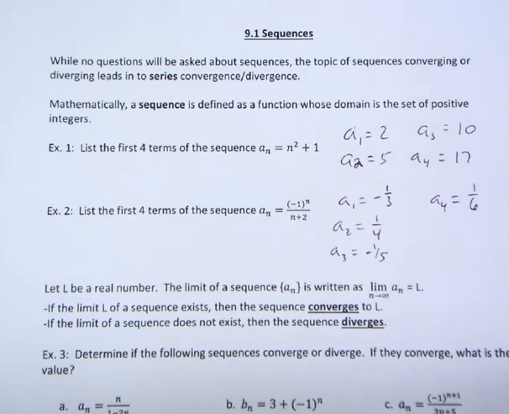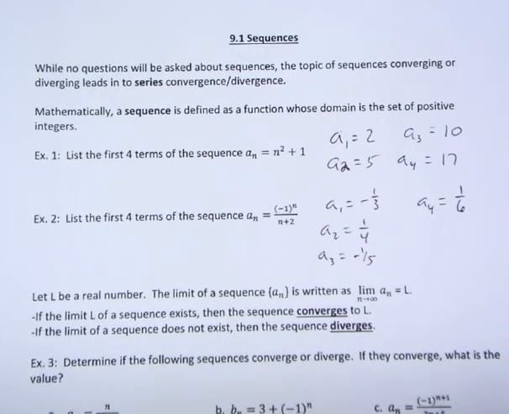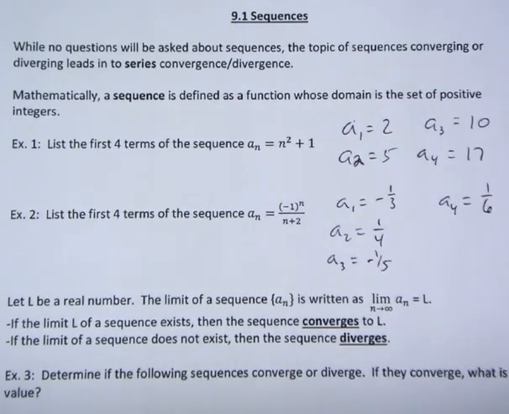The reason I have this is because, as I mentioned, with series convergence and divergence, we're going to have a lot of different tests to determine if a series converges or diverges. One of those tests we're going to come across is called the alternating series test, in which the terms alternate, positive, negative, and we'll be able to determine if that series converges or diverges.